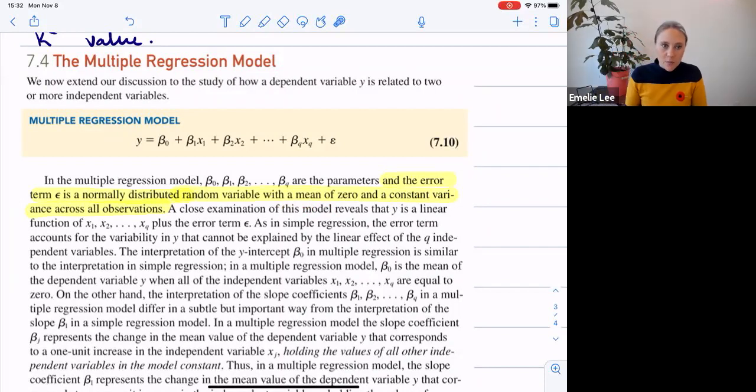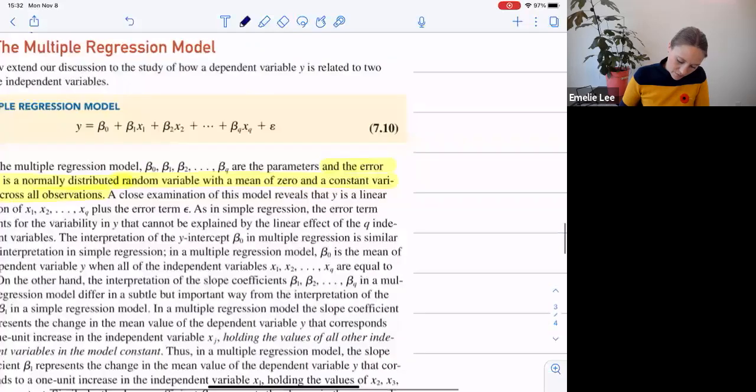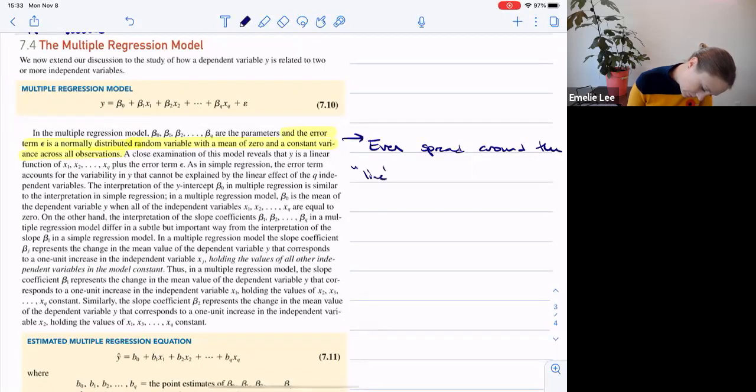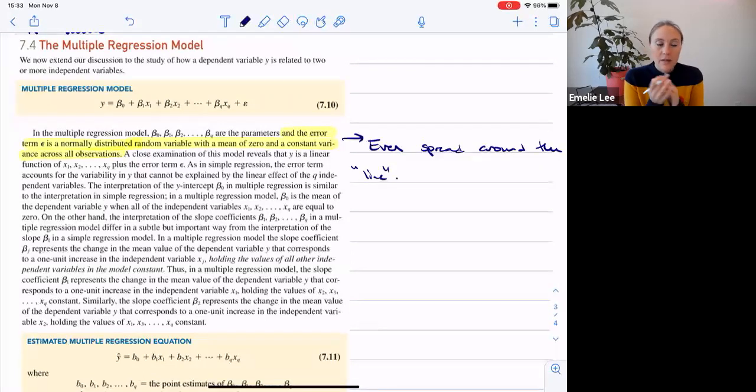It's not a line anymore, it's a plane or worse. But basically this is like saying there's even spread around the line. I'll say line just to take us back to something that we can visualize. Okay.